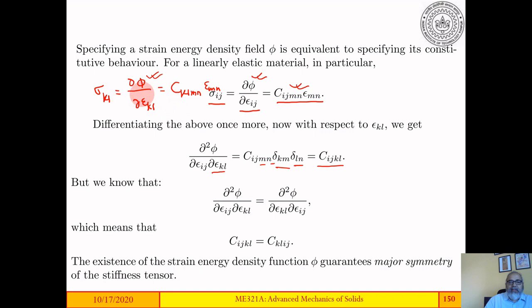Now take the derivative once more, now with respect to epsilon ij. So I'll take del square phi del epsilon kl del epsilon ij.